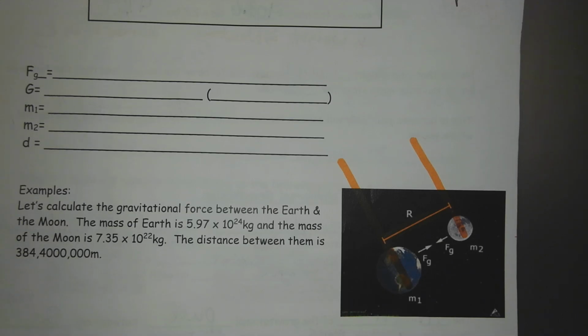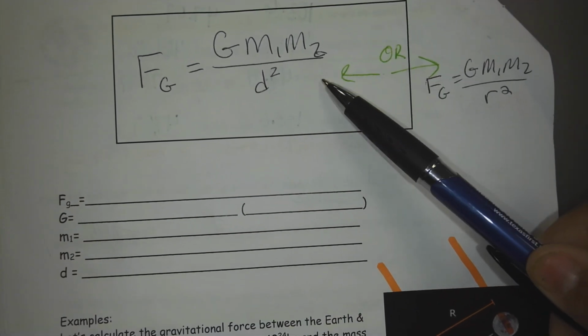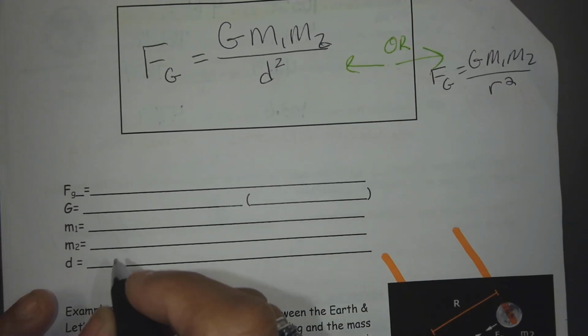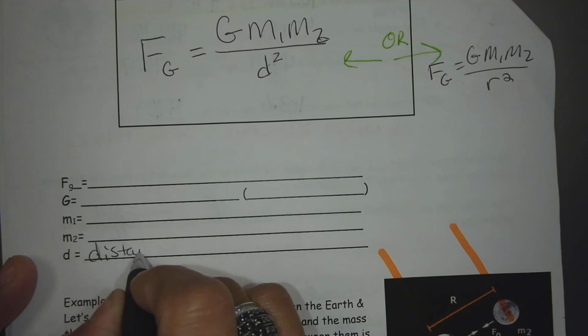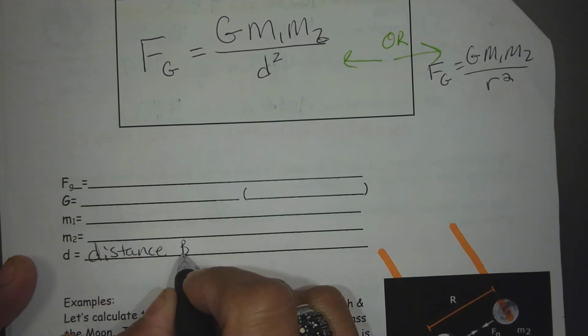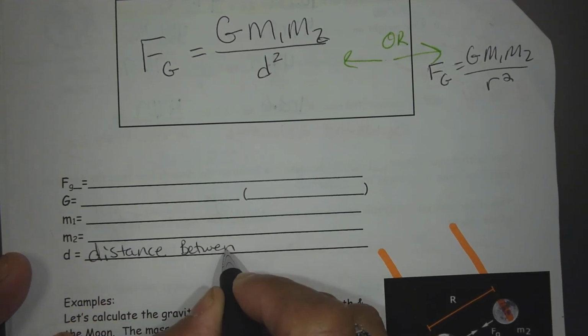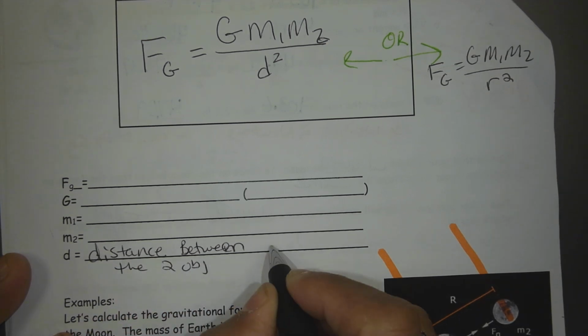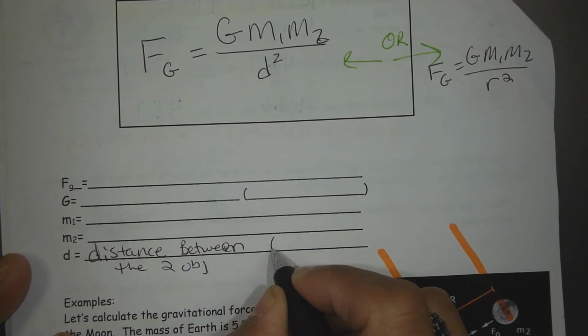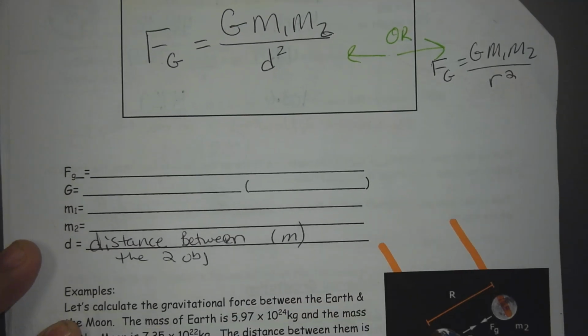Distance, D stands for distance, or R. Distance between the two objects should always, always be in meters.